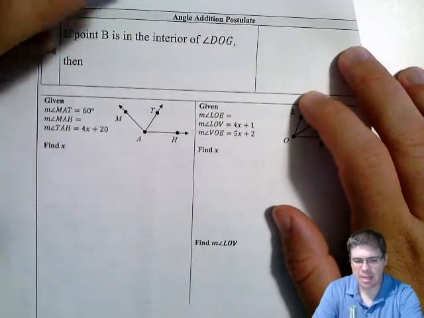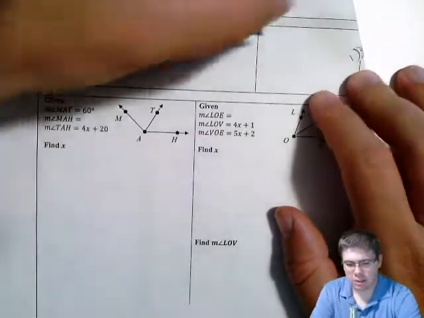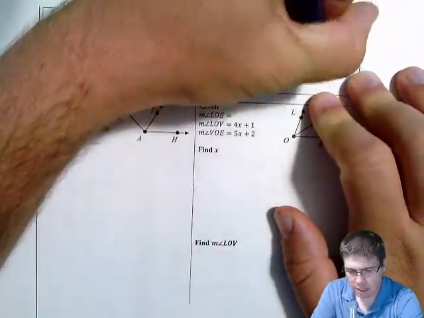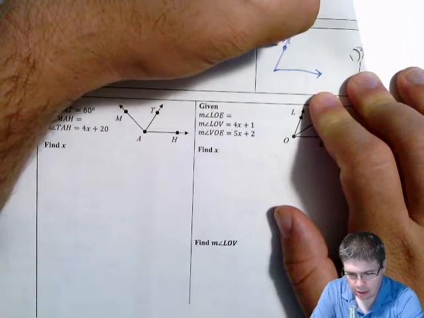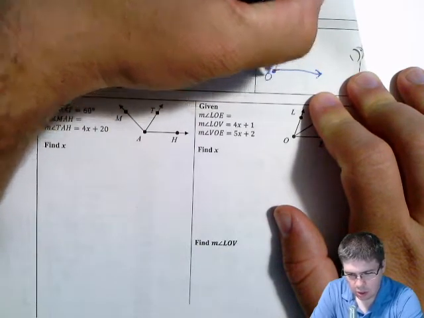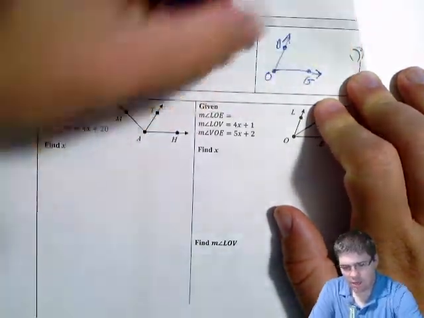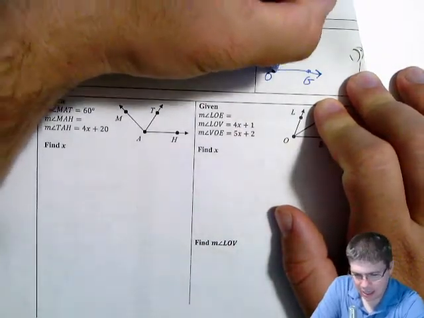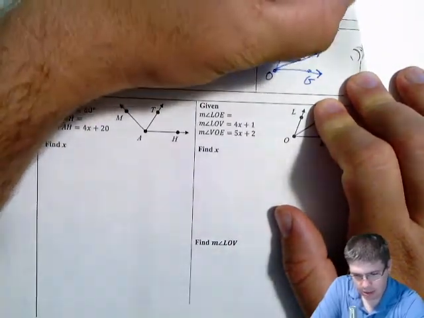So if point B is in the interior of angle DOG, I'll start drawing angle DOG. If point B is in there, it doesn't have to be a bisector. It can be off a little bit.